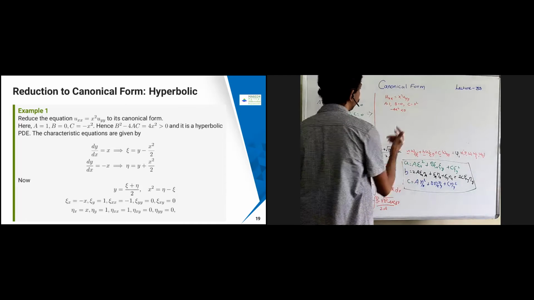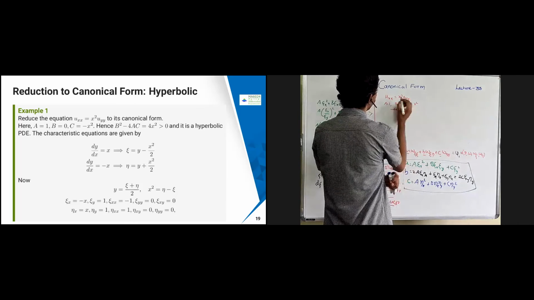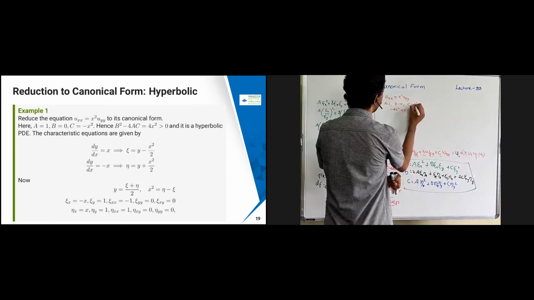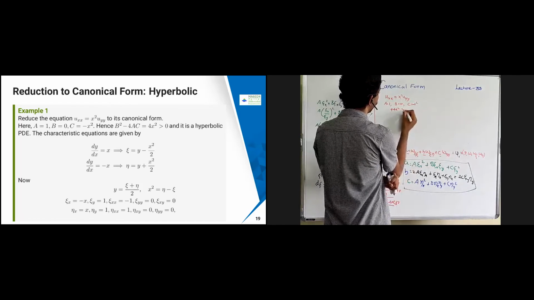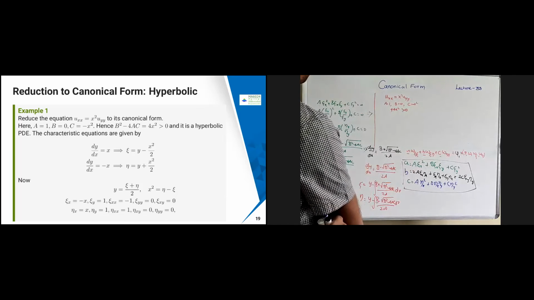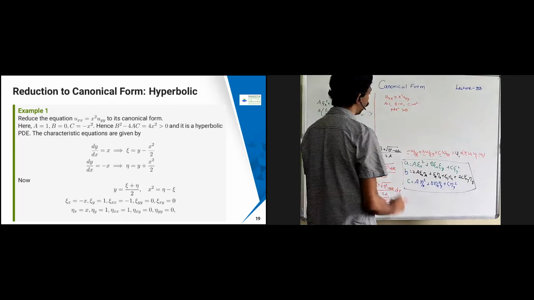Sorry, there is an equal symbol, not a plus, so c is going to be minus x square. Therefore b square minus 4ac is 4x square, which is greater than 0. Therefore, this is going to be hyperbolic.